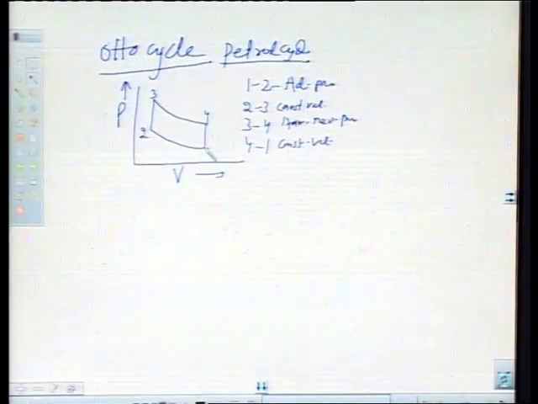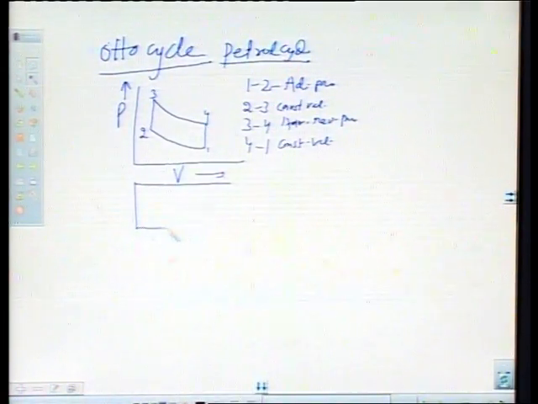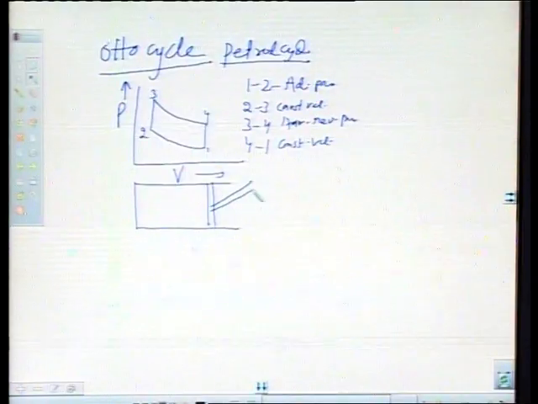Now, at the first point, fuel is entering the cylinder. If I draw a diagram of this, let us say this one is your cylinder and this is your piston. This is the position of the piston in which all the fuel is taken into the cylinder. That point is plotted on the graph, that is the first point.